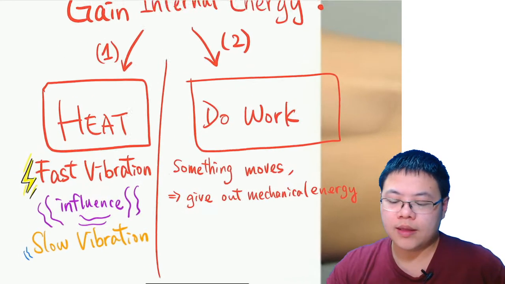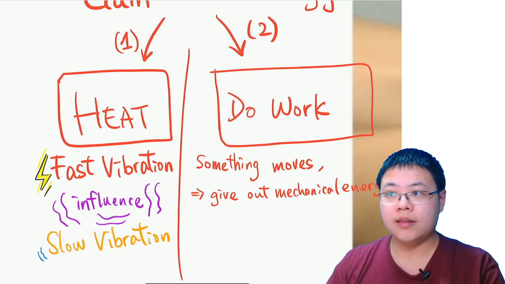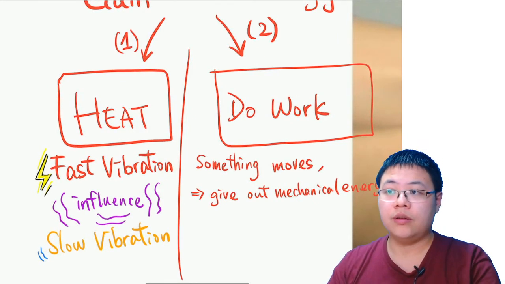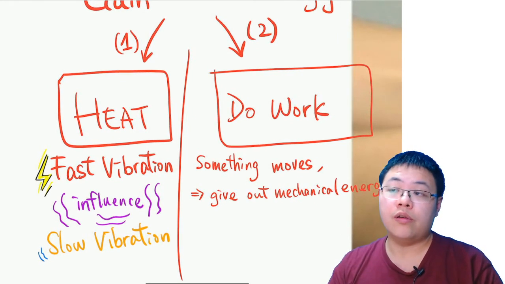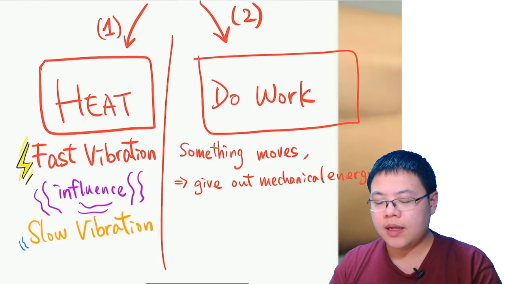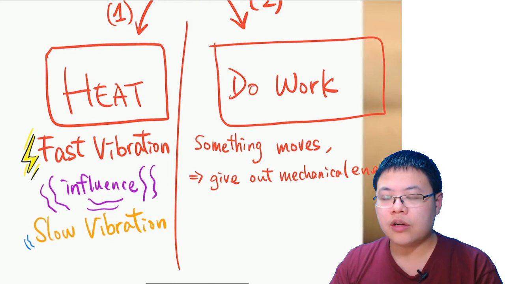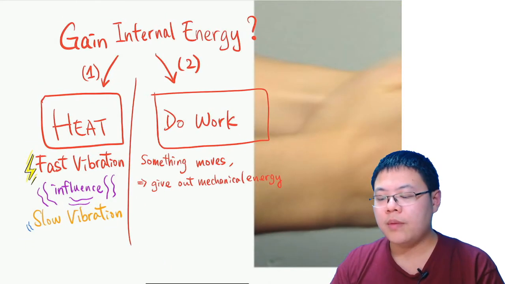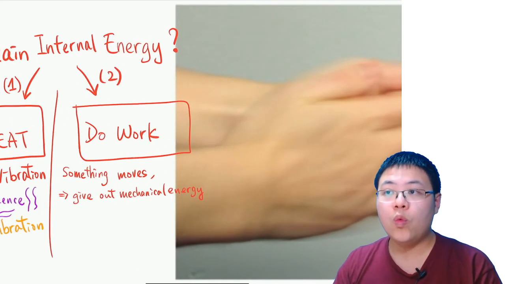The first one is heat. Is the fast vibration influencing the slow vibration or another form? This is the heat. There is the energy transfer from a hot object to a cold object. But there is another way, doing work.